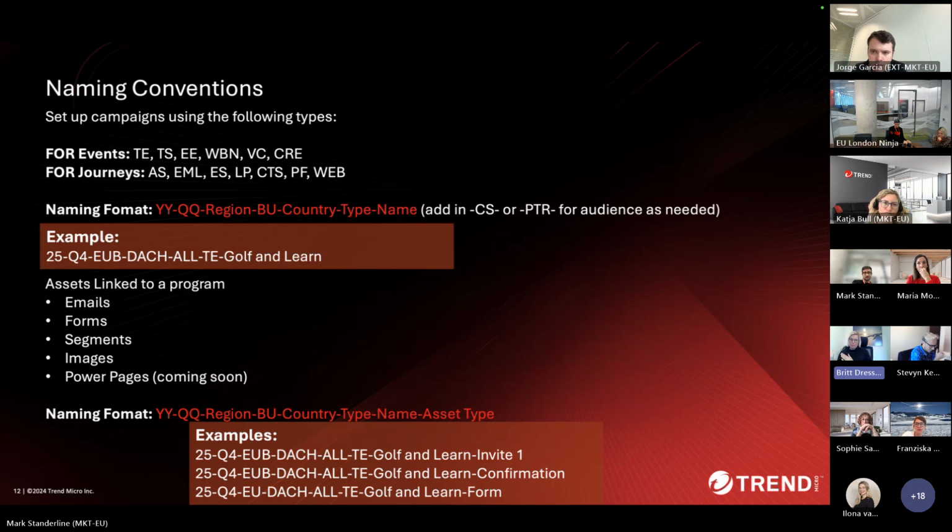Now in CIJ, we still have a program name, but that program name is going to be across all the different assets, and the assets are no longer lumped under the campaign, which is now in Microsoft. So see it as things are broken apart. They're no longer living all under one program umbrella, but they all share the same program name. So if you were to have a Golf and Learn event, you create a campaign called this program name in the campaign tab.